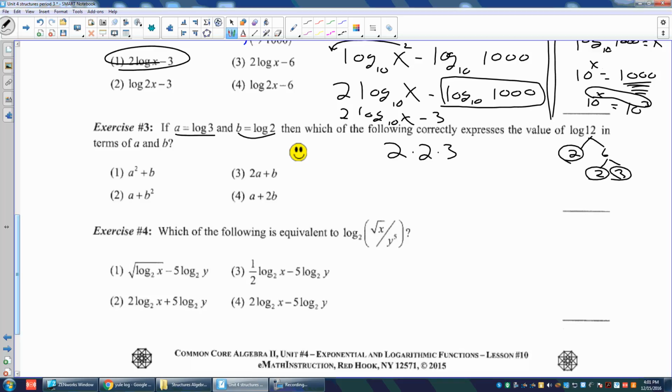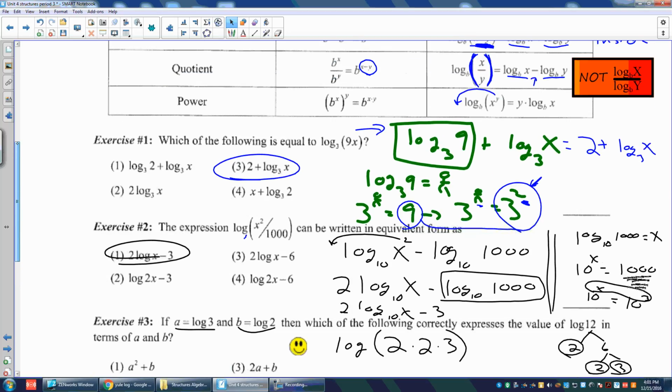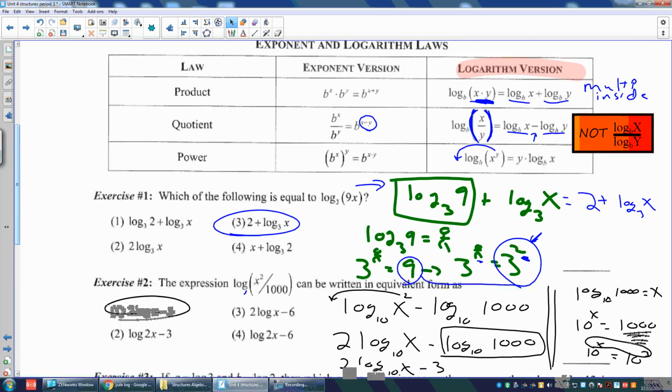That's what 12 is. Now, we're taking the log of 12. So we write log in front of it. Now we have our little product rule over here. And what are we doing when we're multiplying them? Everything inside the parentheses, we add.